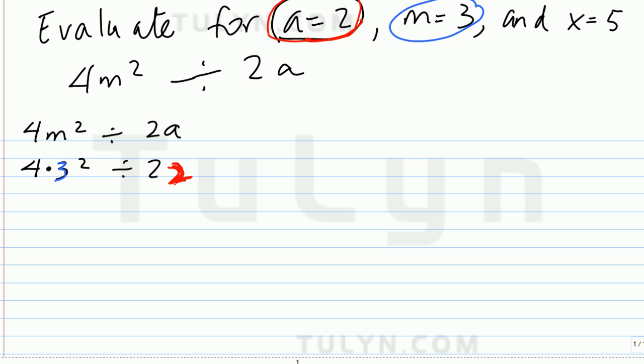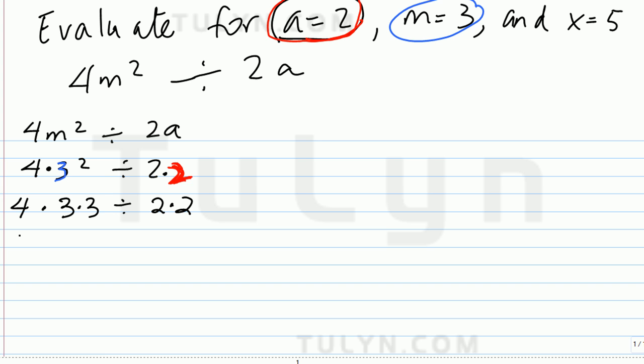And we know that whenever we have 2a, it's 2 times a, so go ahead and put the multiplication sign in between. So you've got 4 times 3 squared, which is 3 times 3, because 3 times itself twice. Bring down the division sign, 2 times 2.